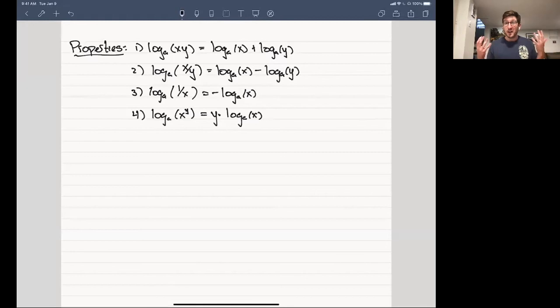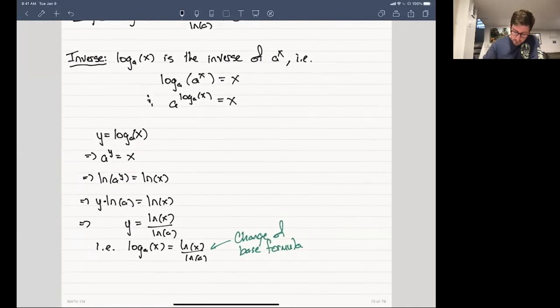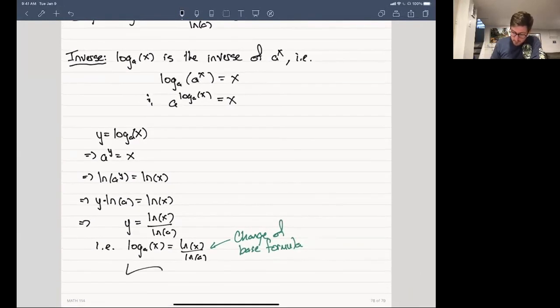And if you find yourself kind of bored, try and prove it, right? All you need to do is go back to this slide and use this definition of the log base a, use all of the properties for the natural logarithm that I gave you, and then just turn things back into log base a. So it should be a 2-line proof for each one of those properties.